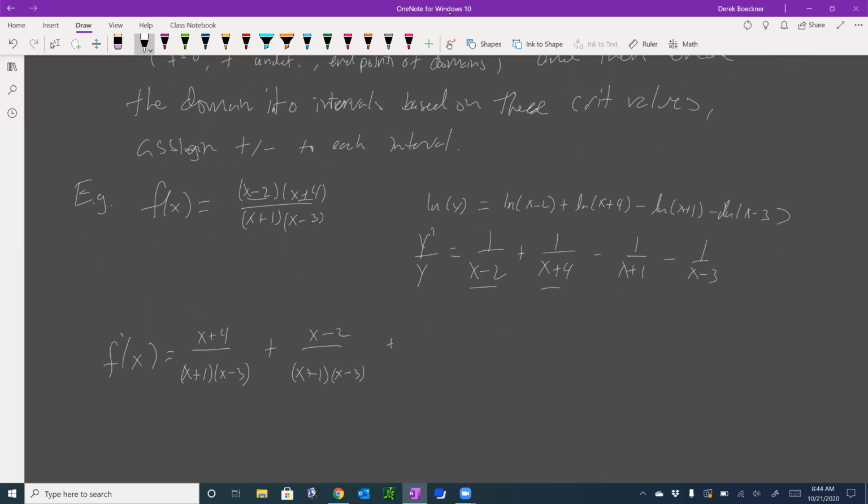Plus, I have x minus 2, x plus 4. And I'll get a minus sign on it because of that minus sign. And then I get an extra x plus 1 in the denominator. And the same thing here, only the extra in the denominator is on the x minus 3. So far, so good?